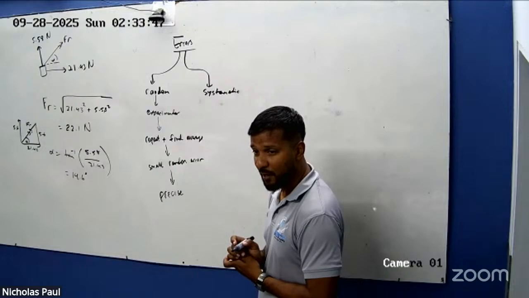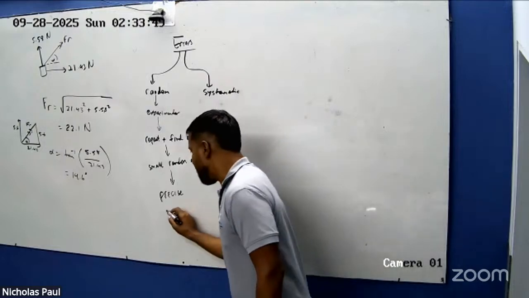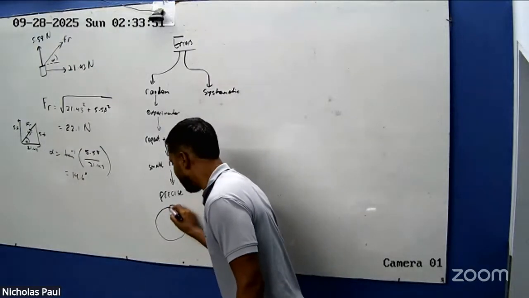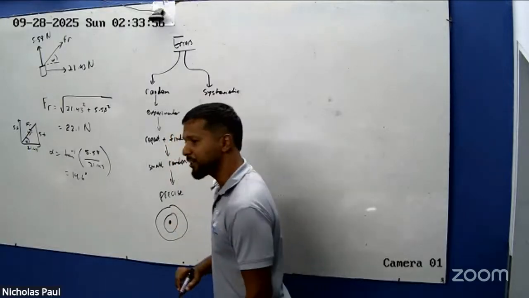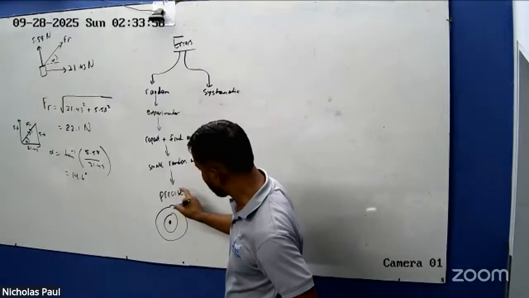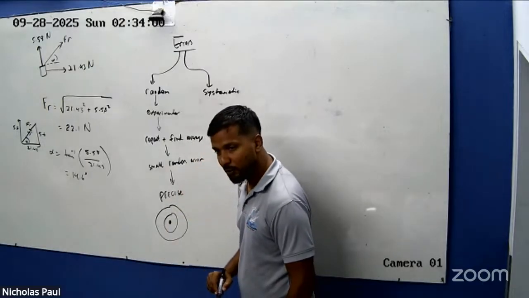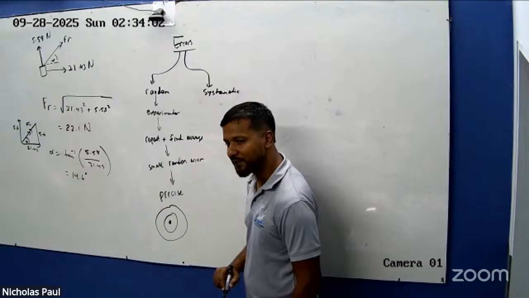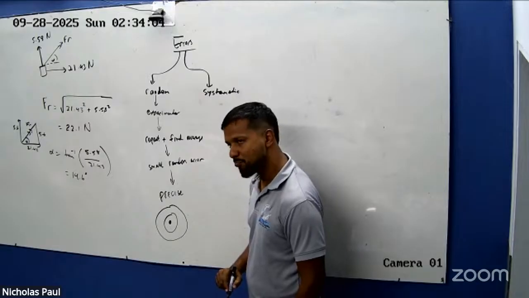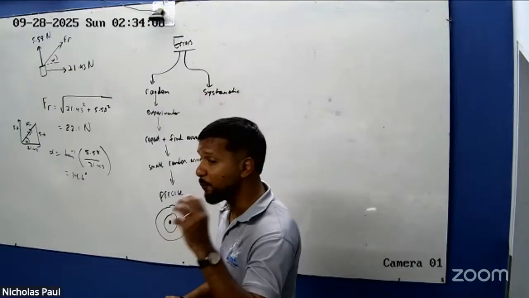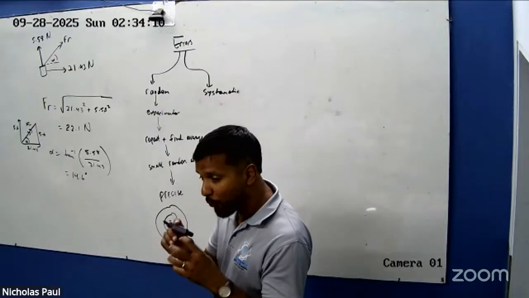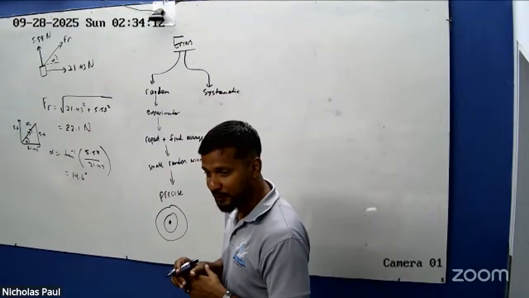Are you okay with that? Nice. If I have a little bullseye here, how do you think I could show precision? Shoot the arrow where it has to go. All right, but that's more than precise. So if you shoot something 20 times, how do you define a precise experiment?